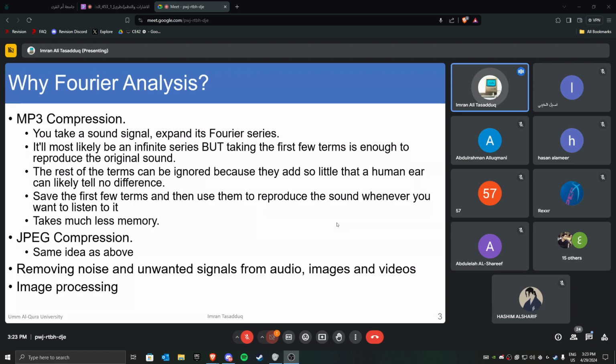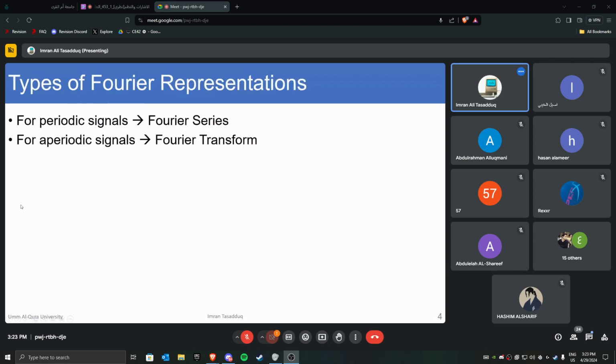It's also used a lot in image processing, to add information to the signal or to remove some information from the signal and so on. If your signal is a periodic signal, we have Fourier series for that type of signal. If the signal is aperiodic, in other words non-periodic, then what we use is called Fourier transform.